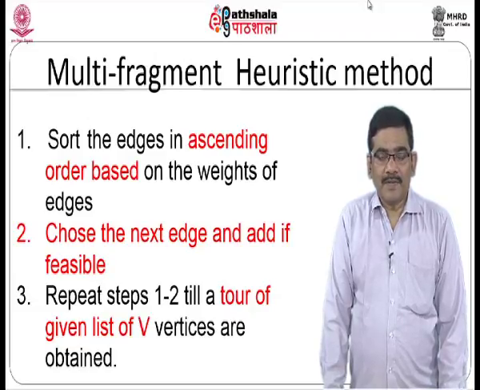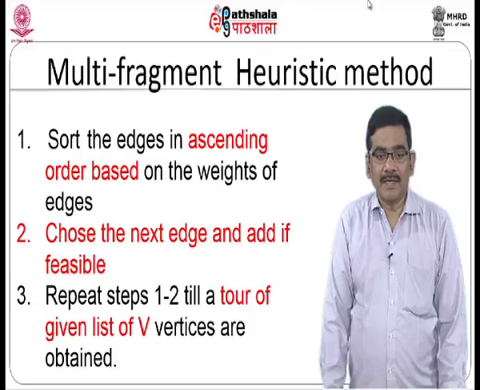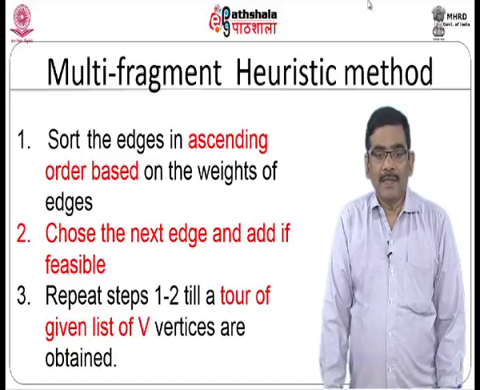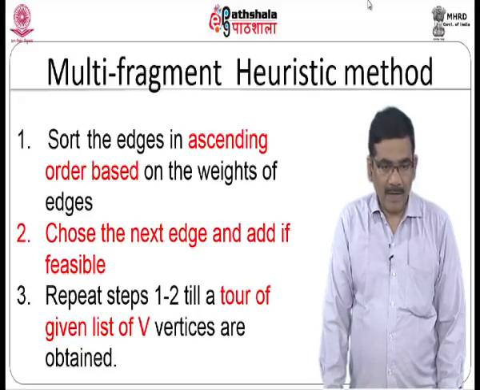I start from a city, then I choose the next edge from the sorted edges, and I add that edge if it is possible. I repeat steps 1 and 2 until a tour of the given list of V vertices is obtained.